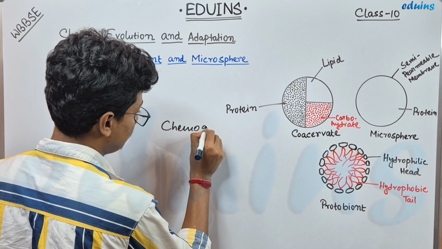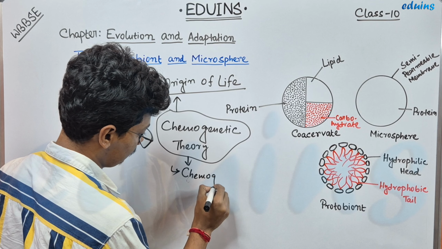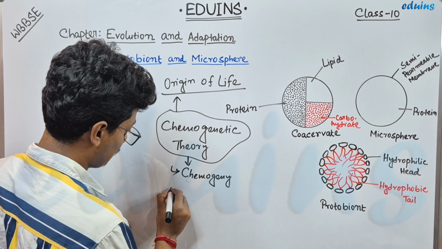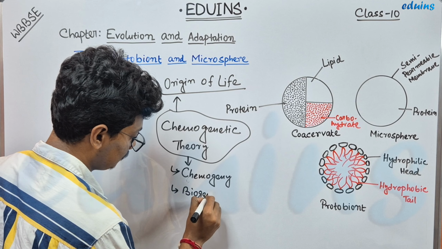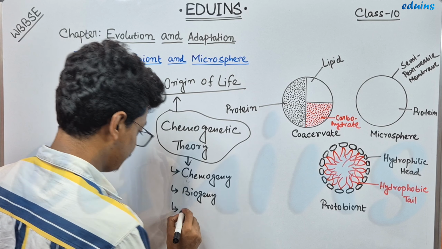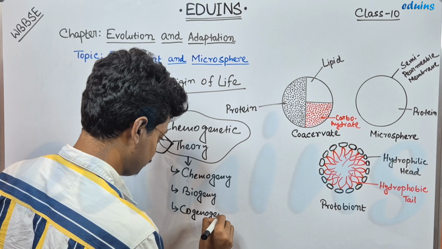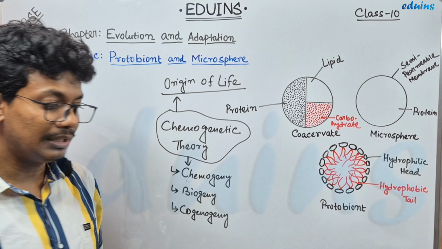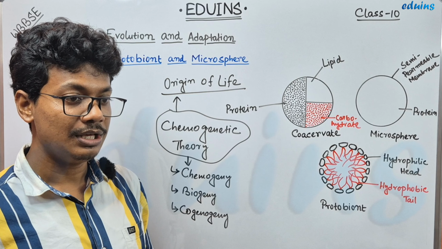One is chemogeny, the second one is biogeny, and the third one is cogenogeny. What is discussed in chemogeny?